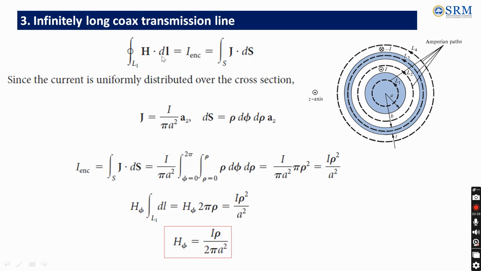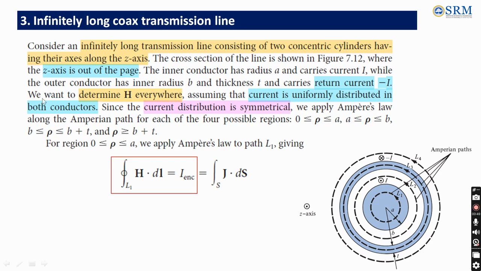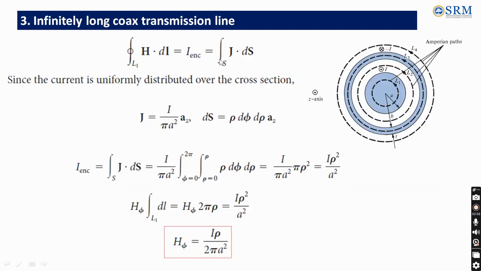Why is Hz into a z not coming? Because the current flow is in that direction, along the axis. We already saw in the previous slide that the current is flowing along the z axis, or I can say my conductor is along the z axis. So only this term comes.